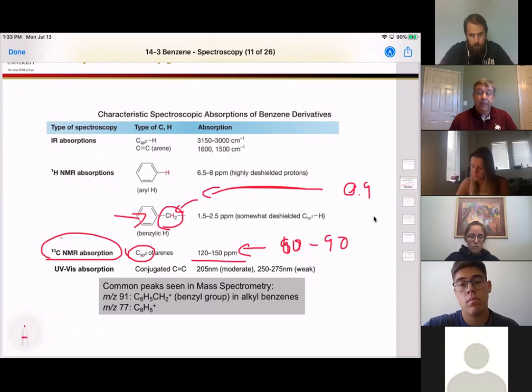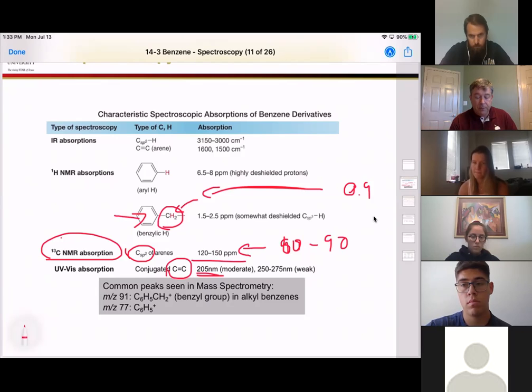Okay, and because we have double bonds that are in conjugation with the others, we actually have a pretty decent absorption in the UV. Remember, our UV starts at about 180 nanometers and goes all the way up into the visible. So benzene is colorless, but it does start to absorb UV light.